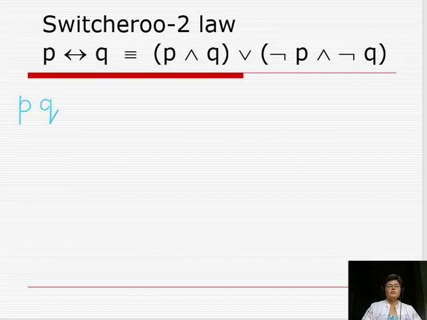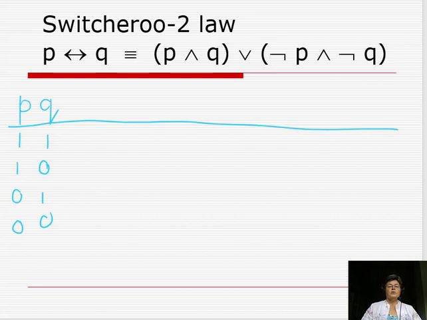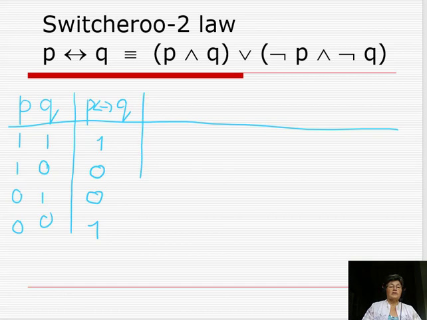So we have 2 propositions with 4 possible combinations, so we have P, Q with 4 different value sets. Let's start with the column given with the biconditional, because that's just given with the definition. So a biconditional is true when the values are identical and false in all other situations.